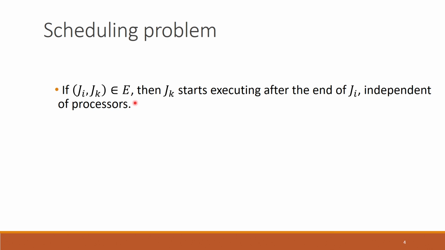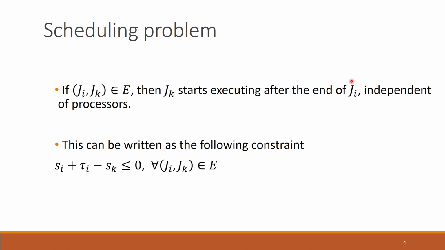So, whichever processor you decide to execute these two tasks ji and jk, you have to ensure that jk only starts getting executed after we have executed the task ji, okay.